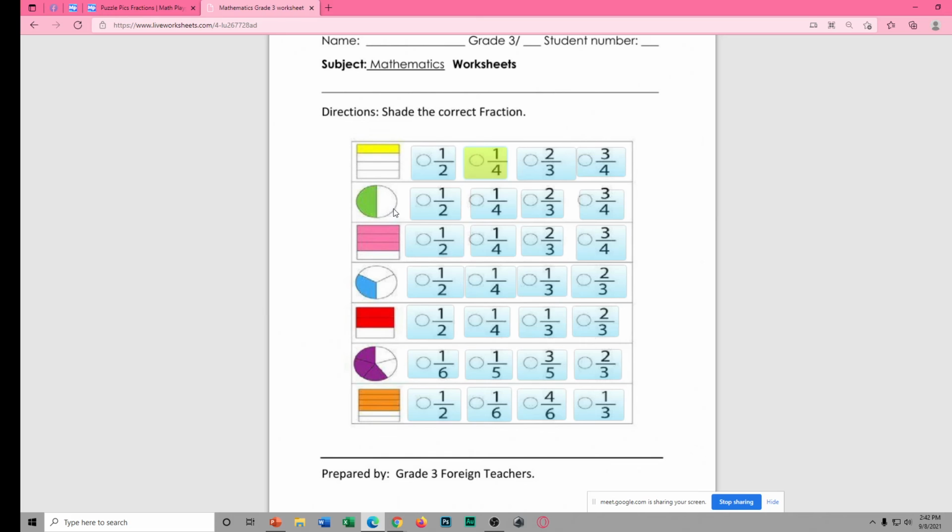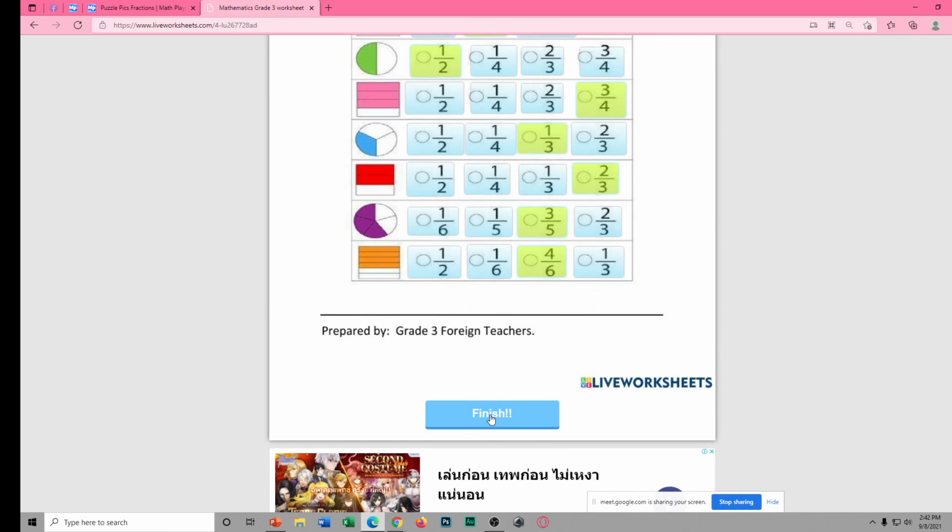Do not say 1, 1, 2. 1/2, half. 3/4. Next. 3/4. Next. 1/3, a third. Next is 2/3. Next is 3/5. Yes. And then 4/6. Click finish. Check my answers.